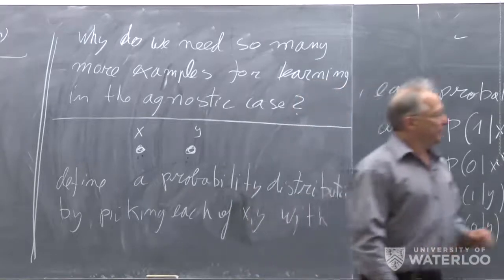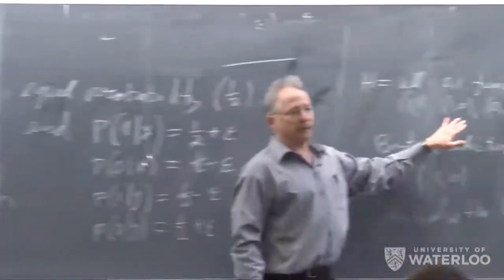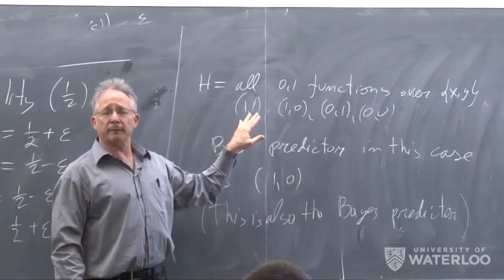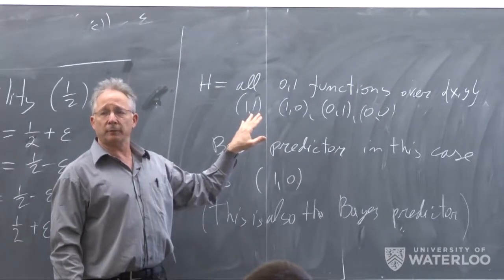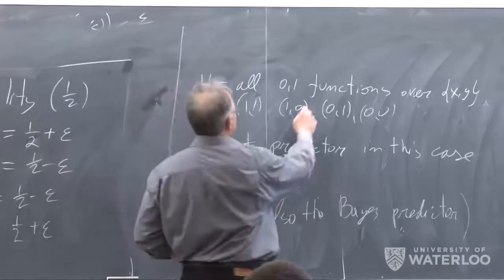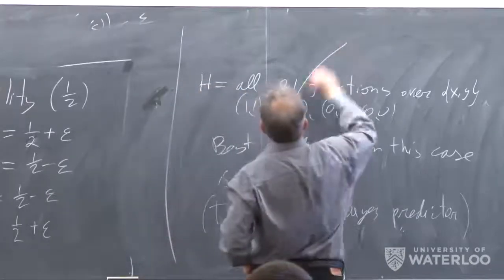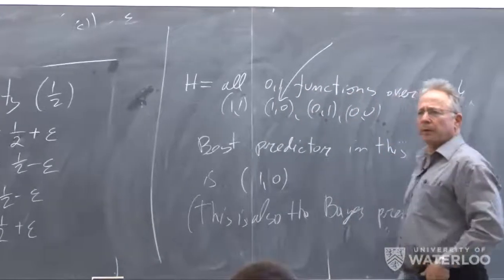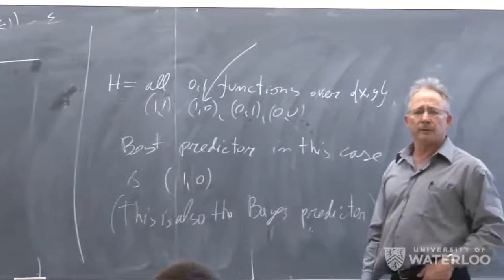Now, if I pick a wrong predictor here, how big is my error? It's not difficult to calculate. So this one is the best one. If I pick any other of them, what is my probability of error?